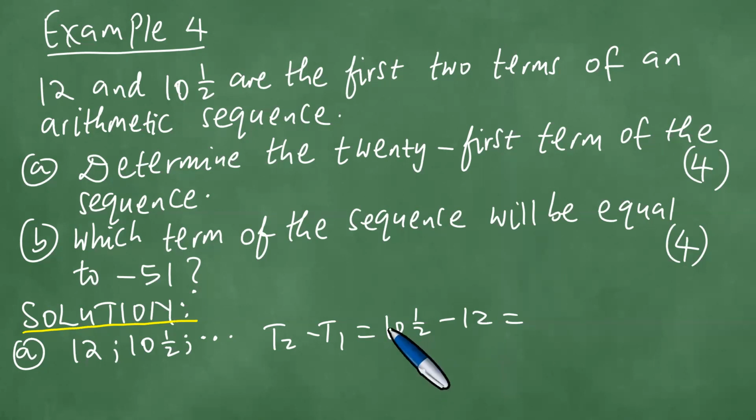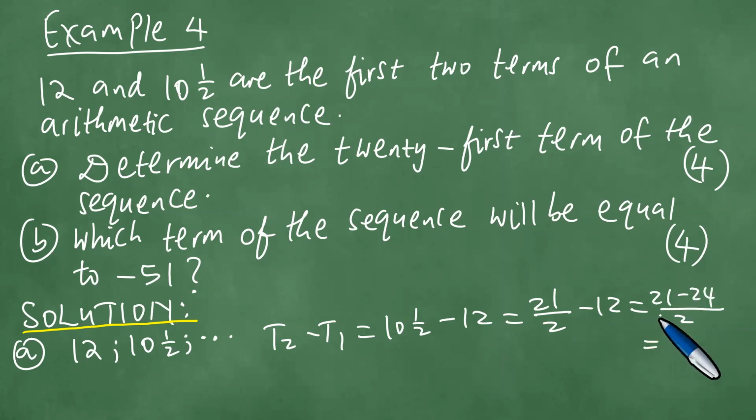Okay, 10 and 1/2, we can see this 10 times 2, 20 plus 1, 21 over 2, minus 12. What is 2 times 12? 21 minus 24.